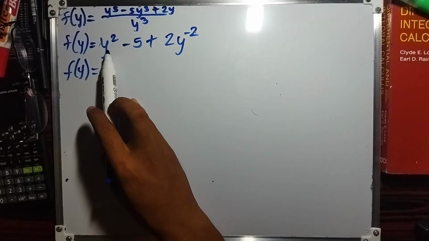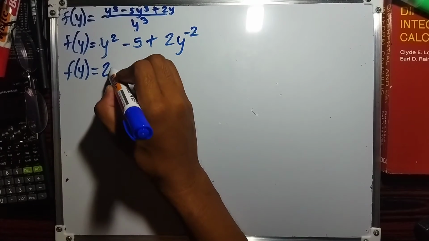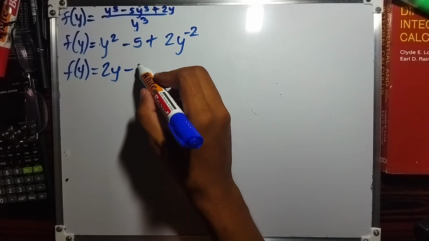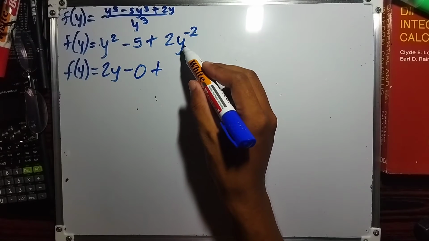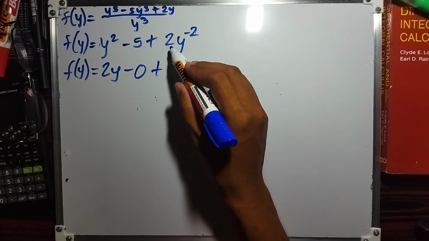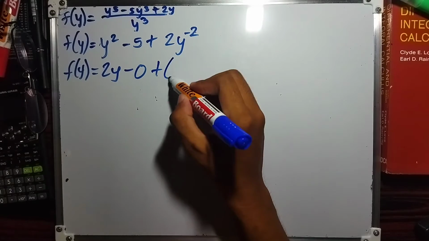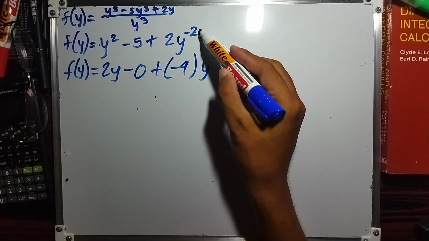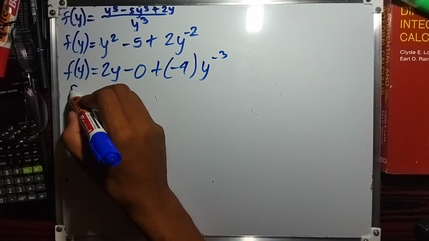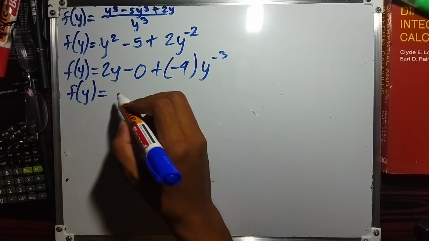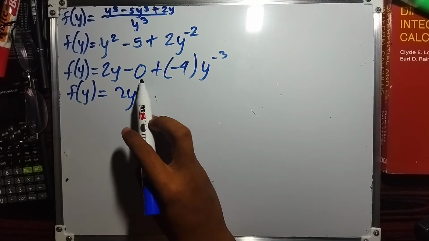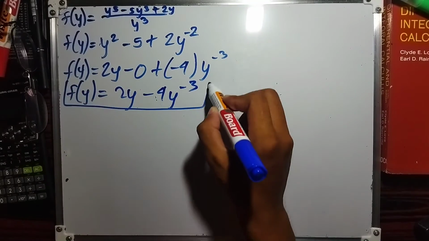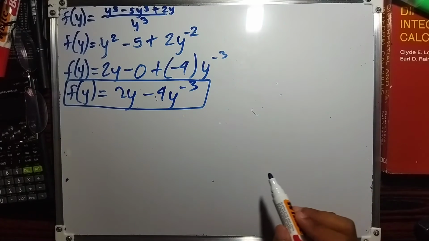So what is the derivative of y squared? It would be 2y, minus the derivative of 5, which is a constant, so it would become 0, plus the derivative of 2y to the negative 2. So 2 times negative 2 is negative 4, times y to the negative 2 minus 1, which is negative 3. So f prime of y is 2y minus 4y to the negative 3, and this would be our final answer.